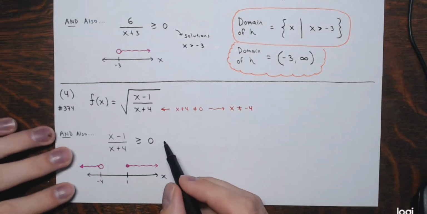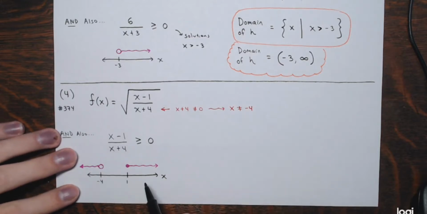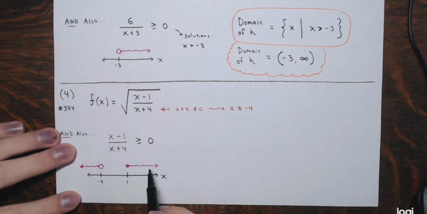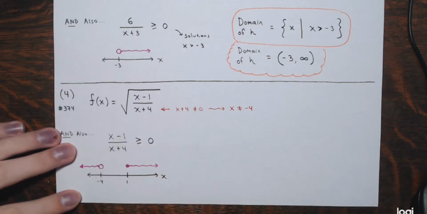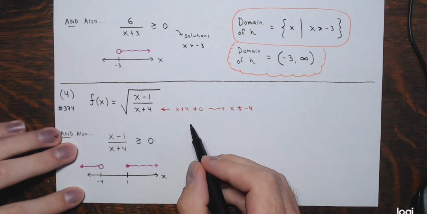So the domain, basically we have the domain pictured here. Here are all the values I'm allowed to plug in for x in this function. Values less than negative 4 but not equal to negative 4, or, usually when there's a gap, or 1 or greater, values 1 or greater. So again, I'll write the domain in 2 different ways.